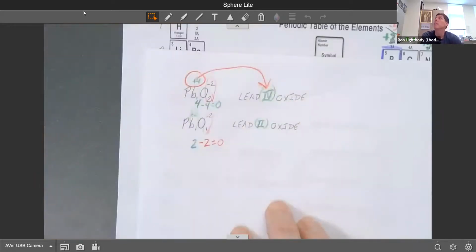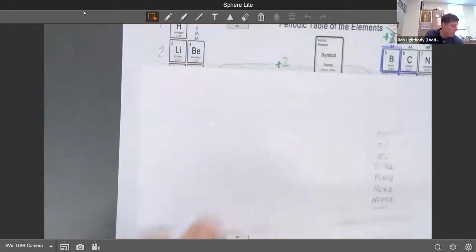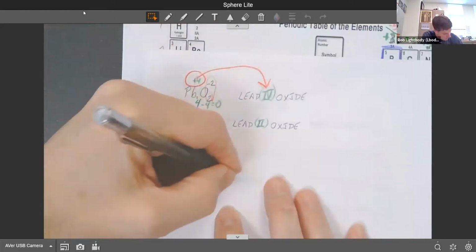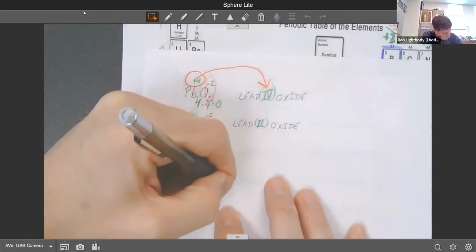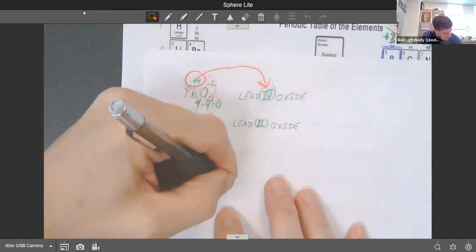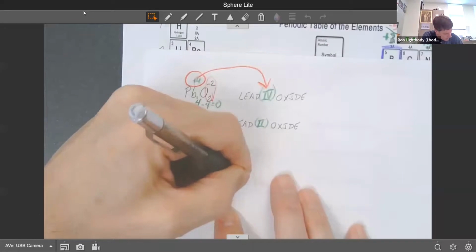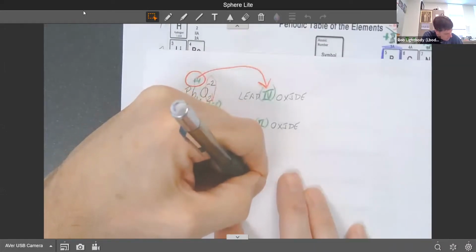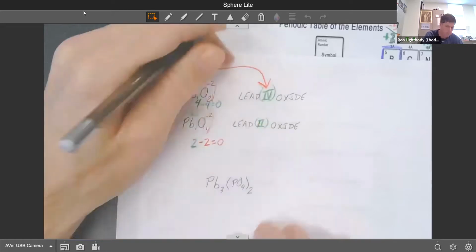Let me see if I can come up with an example where you would have that. Actually, I can give you this one, which is kind of where we were heading anyway. I'm going to have to use a slightly different thing, and we'll do it that way.